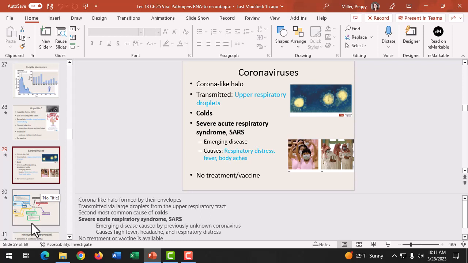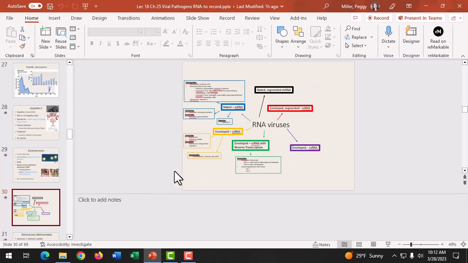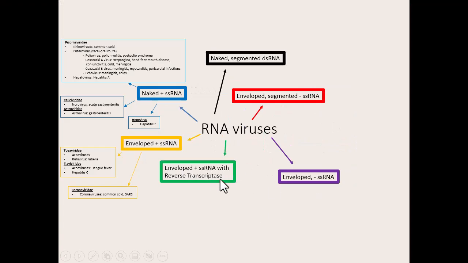Skim through and look for the stuff in that PowerPoint that you didn't know, like what are some of the receptors, and why does it target certain cells? And then there's also a recording all about HIV. So this next group, the enveloped, positive-sense, single-stranded RNA viruses that do reverse transcription, I recorded this.